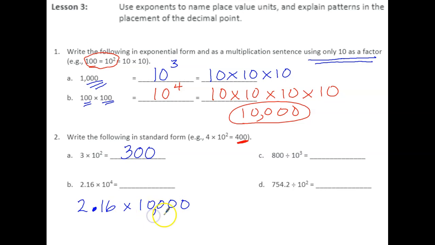Well, I know if I had my 2 and 16 hundredths on a place value chart, and I multiplied it by 10,000, well, I would move over 1, 2, 3, 4 place value units. That would be my 2 would be there, 1 here, 6, fill in my zeros, and then I can say, okay, there's my comma. That would be 21,600.